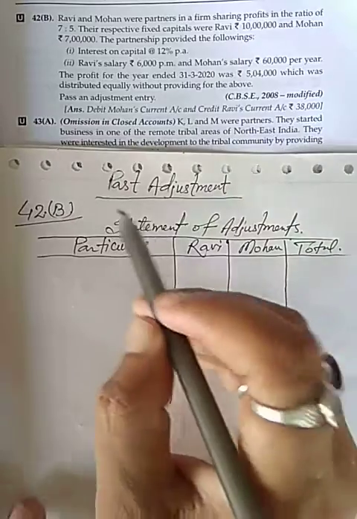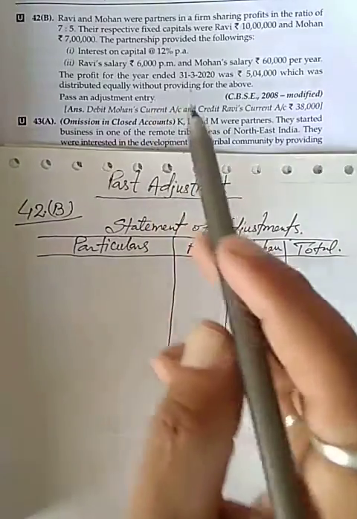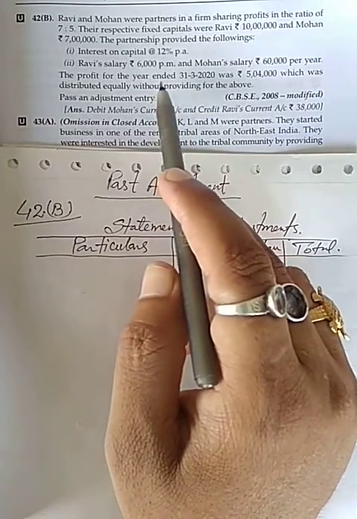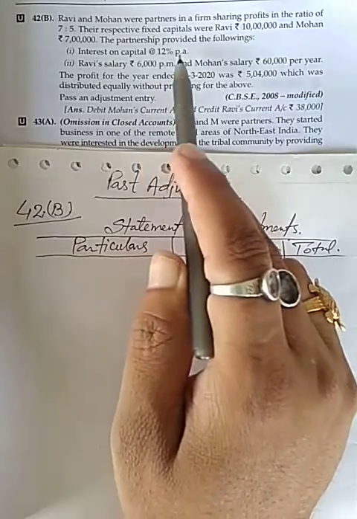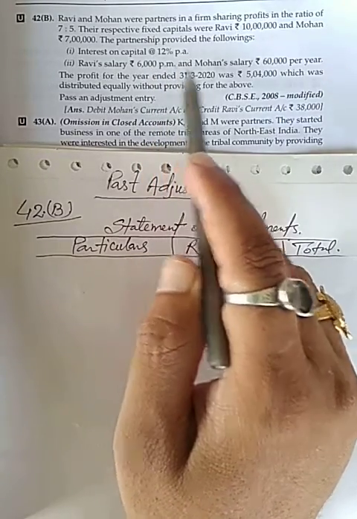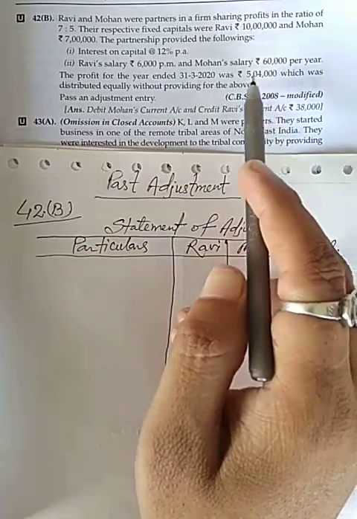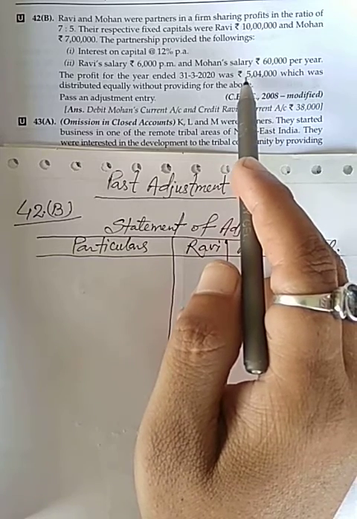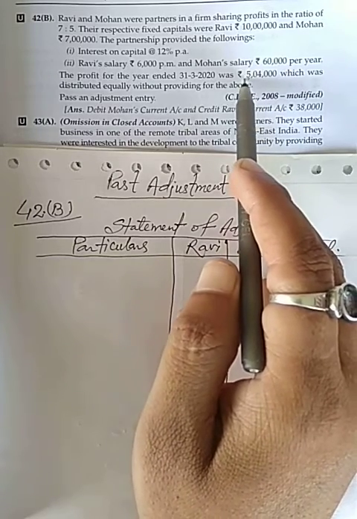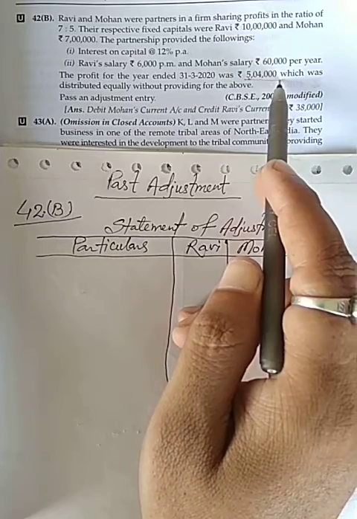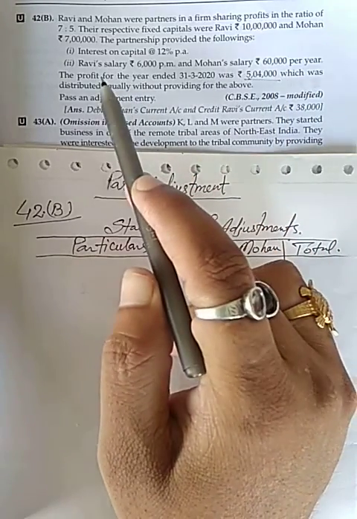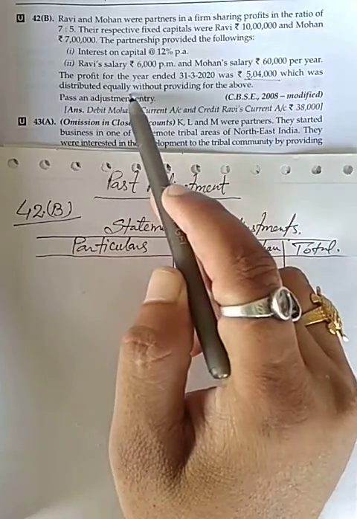Student, the question says without distribution of interest on capital and salaries of partners, profit of the firm 5,04,000 was distributed equally.